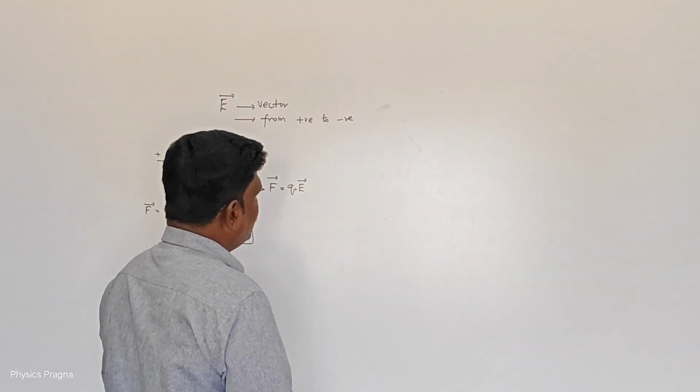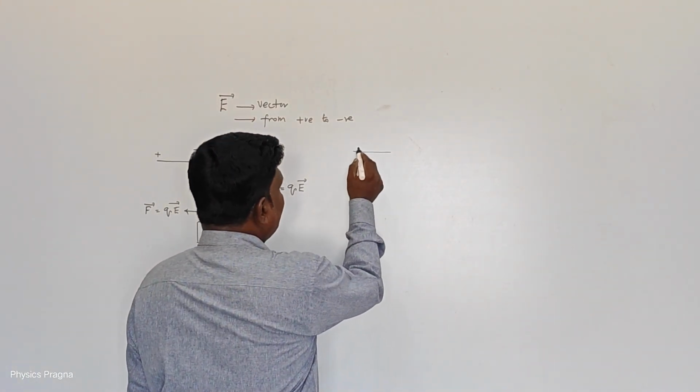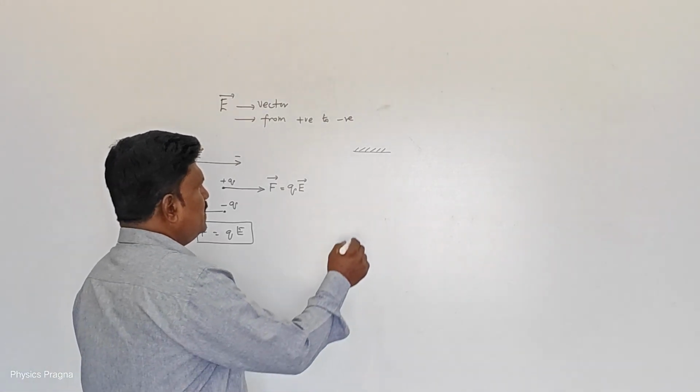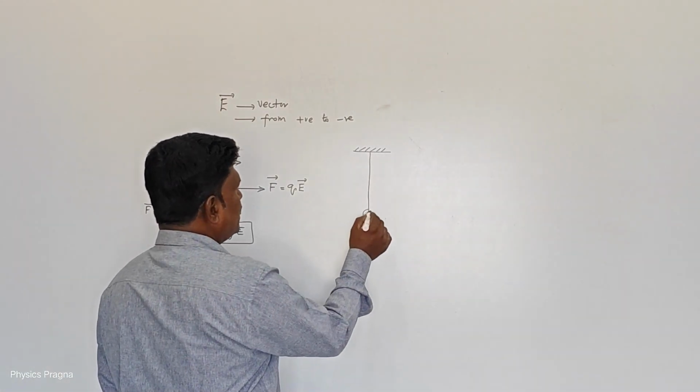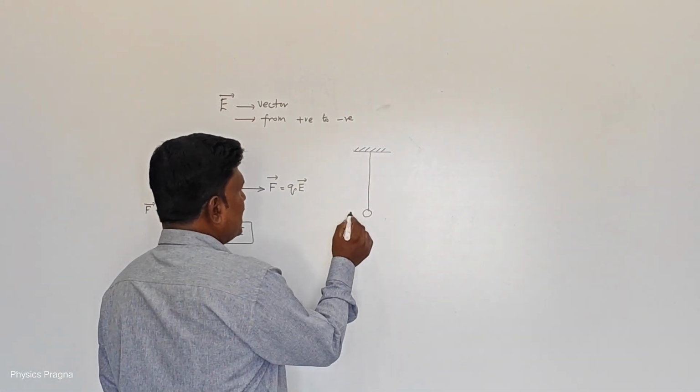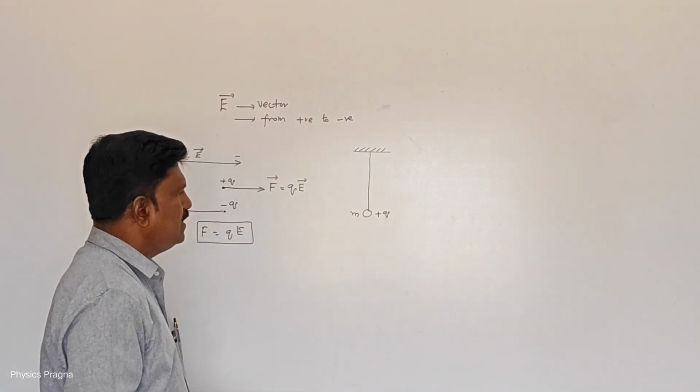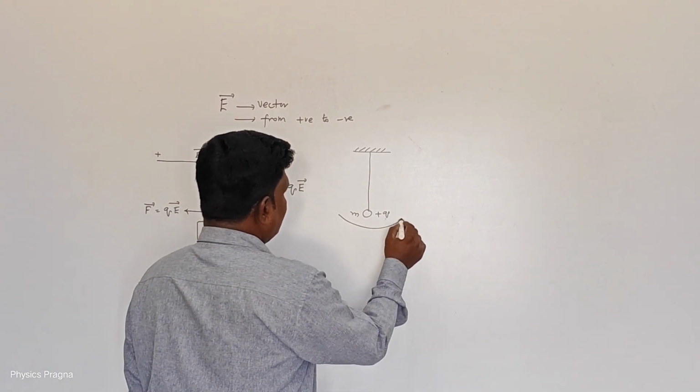See, suppose for example, many a time in exams, the NEET exam, they ask this: this is a pendulum. This pendulum has mass m and is given plus q charge, and it is oscillating.